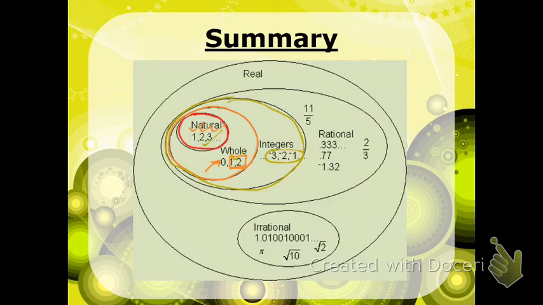Your rational starts getting the values in between these. So now we're starting to include some decimals that terminate, so they have a stopping point, decimals that have a pattern, they keep repeating, and anything that can be written as a fraction. Those are all examples of rational numbers.